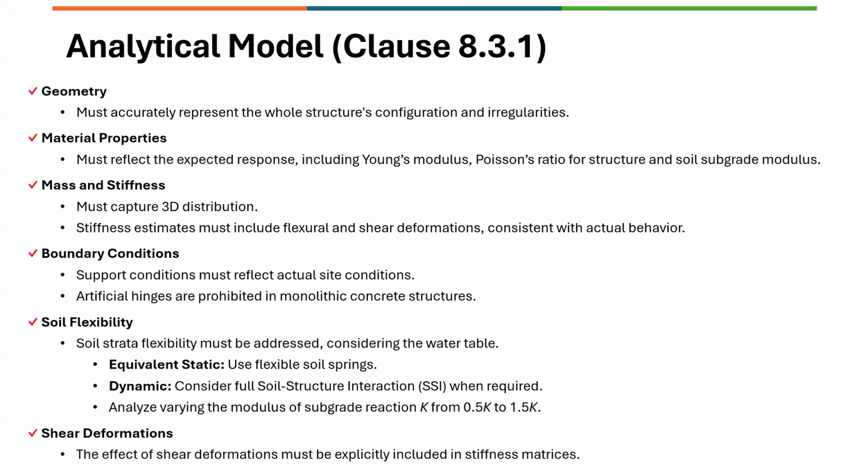The boundary conditions, support conditions must reflect actual site conditions. That means in case soil flexibility needs to be considered, then the guidance is given in the code itself for soil flexibility. That needs to be adopted. And then the effect of shear deformations must be explicitly included in the stiffness matrices, which ETABS already does.